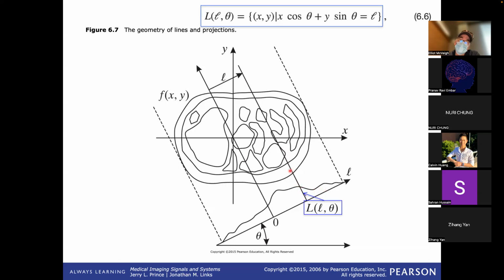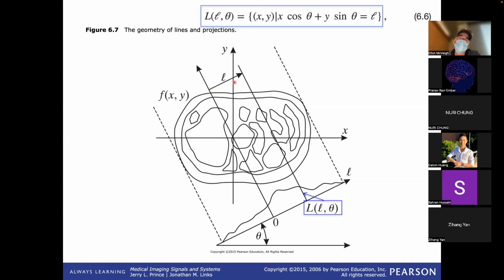So this line itself in the plane, in the XY plane, can be parameterized, right? And this is how that works. So for each XY point in the plane, it's on this line if this relationship holds, right? So it's an implicit way of saying all of the XY values that are on this line L theta, and it's along here.